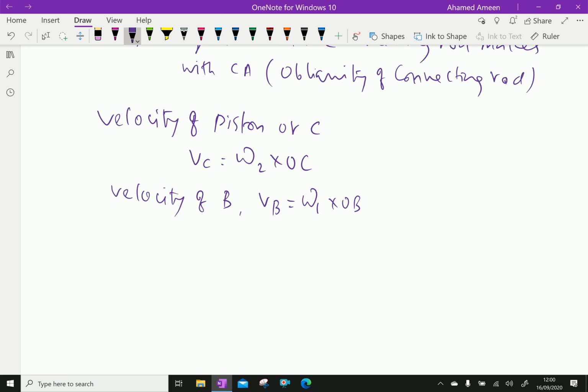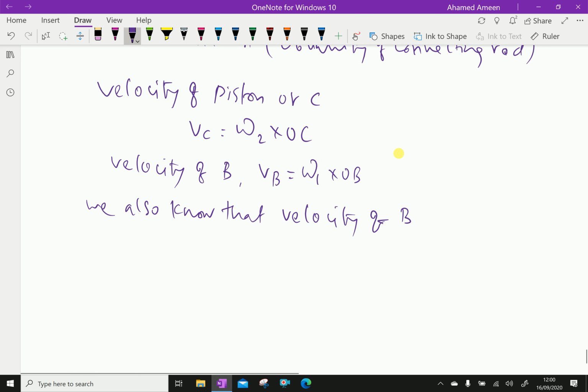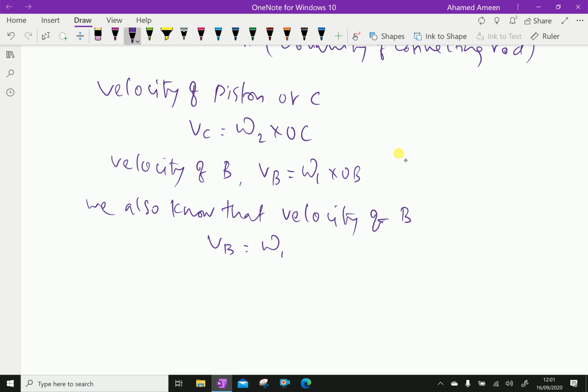We also know that the velocity of B, VB, equals omega 1 into AB.